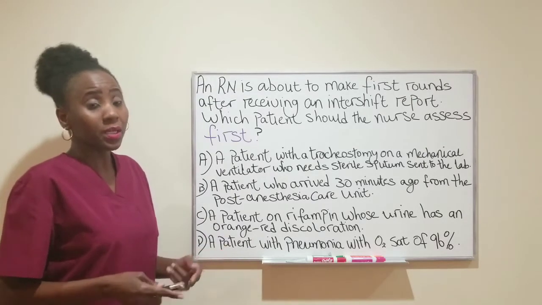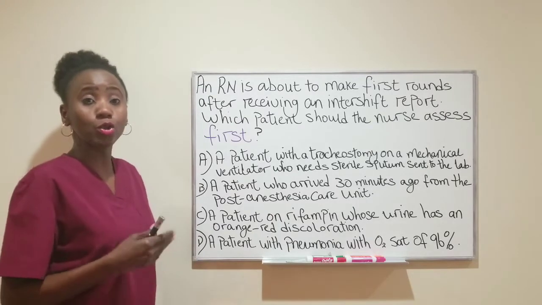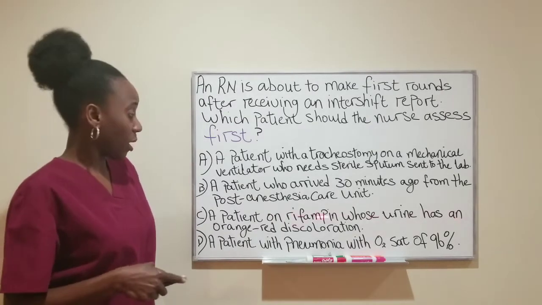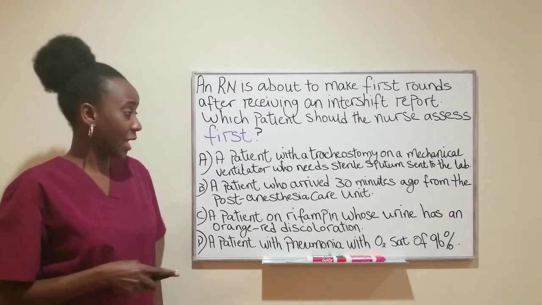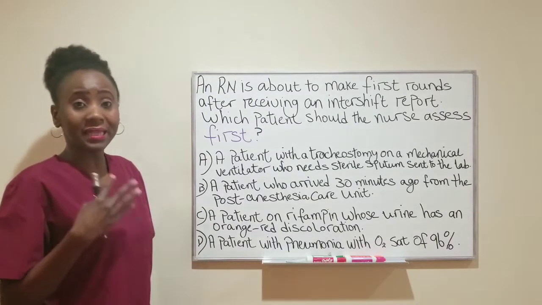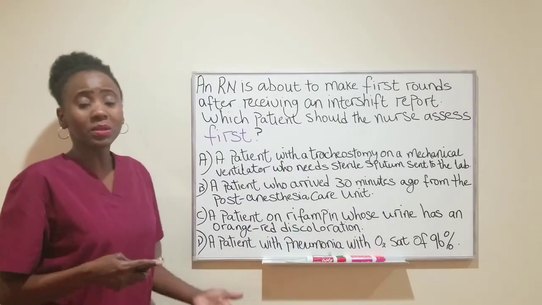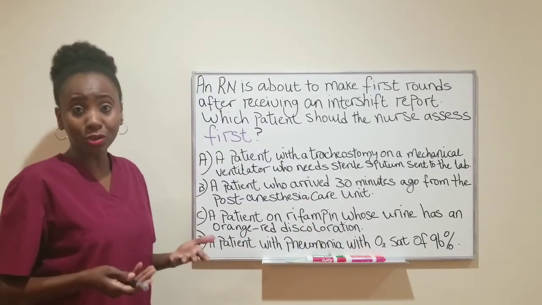No, it's not, because we know that rifampin is a drug that is used to treat tuberculosis, and one of the major side effects of that drug is that it changes your urine and other body fluids like tears to an orange-red color. So this would not be something that would alarm the nurse.